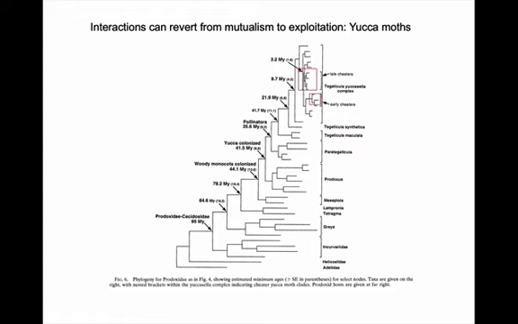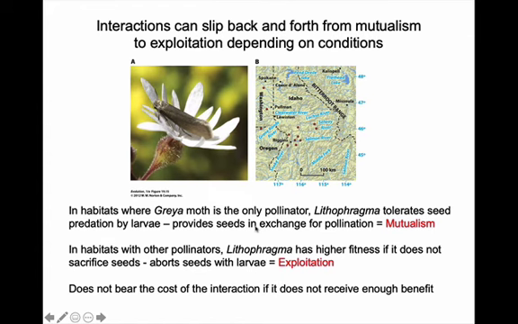We can see that by going back and looking at these Graea moths. Here, in ecological time, are some insights into how it slips back and forth from mutualism to exploitation. Here's a Graea moth, and it's on a little plant called Lithophragma.